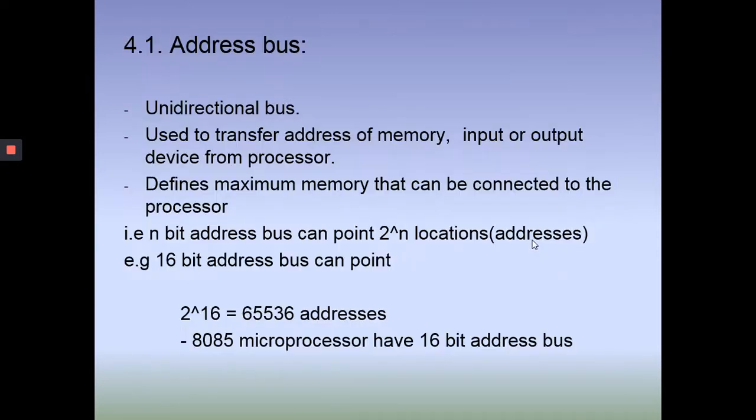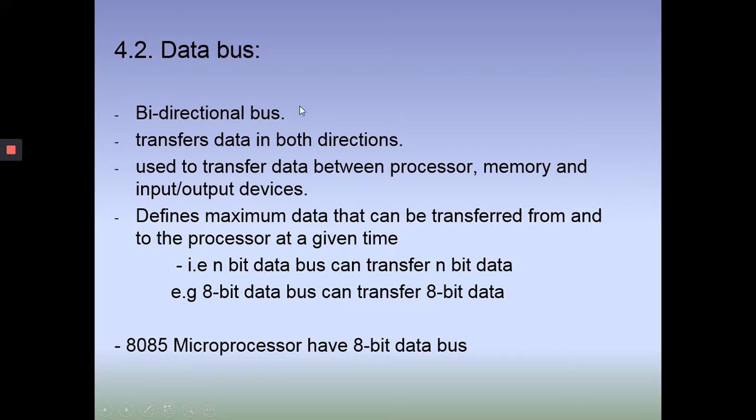So about the data bus: it is a bidirectional bus, transfers data in both directions from and to the processor, and is used to transfer data between the processor, memory and input output devices. This data bus defines the maximum data that can be transferred from and to the processor at a given time. That is, an n-bit data bus can transfer n-bit data, not 2 power n bits.